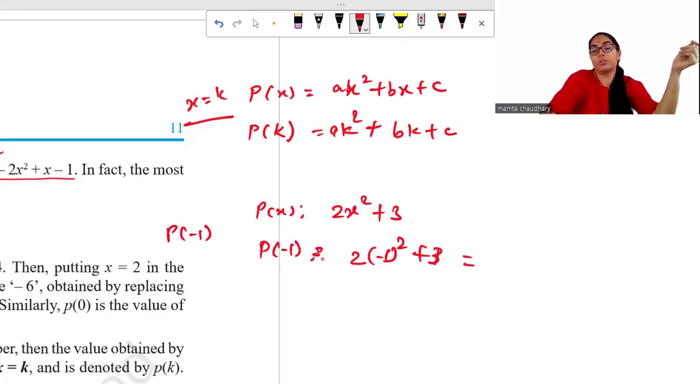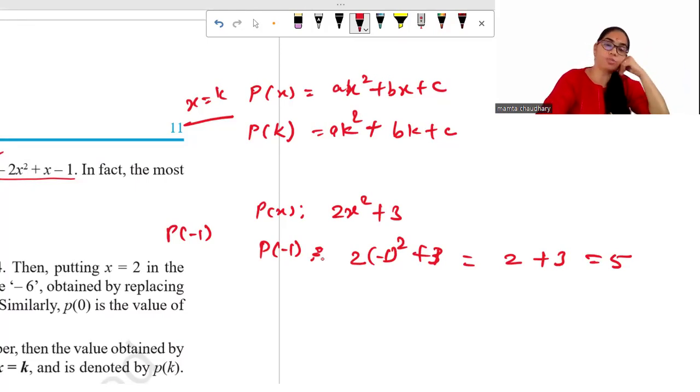So 2 times minus 1 whole square is 2, plus 3, which is 5. So here you have seen we got the value of this polynomial at a certain point, x equals minus 1, and the answer we got is 5.